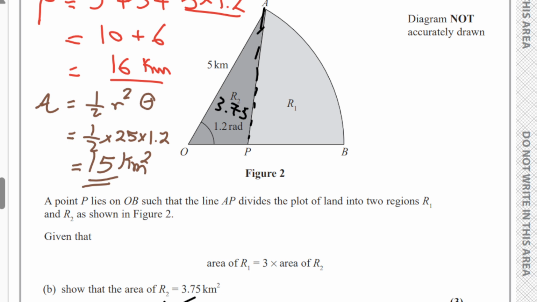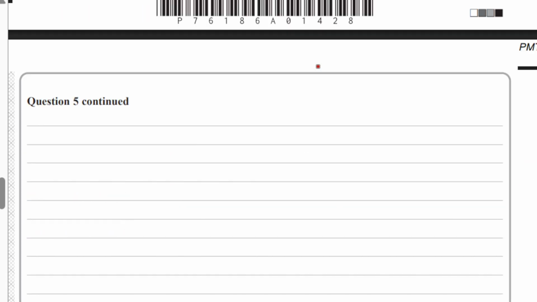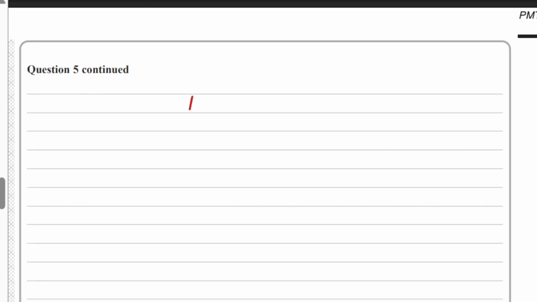If we look at triangle OAB, we have the area of the triangle, and we have an angle, and we have one side. Let's draw the triangle down. This is 1.2. This is 5 and the area is 3.75.